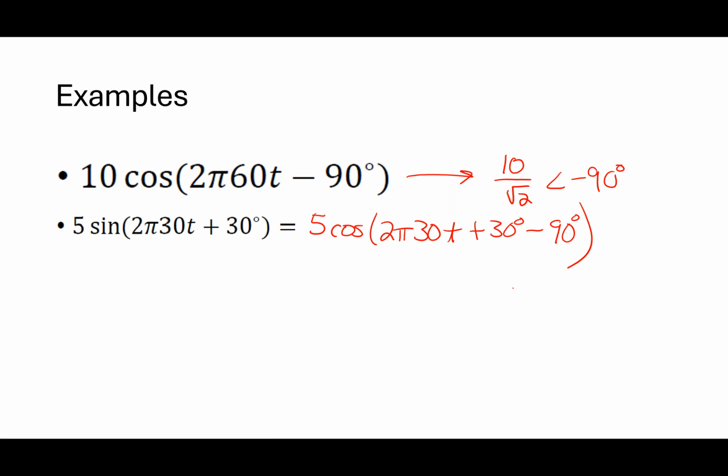So it does matter, yes. Now I could put plus 270 degrees, and that would be correct. Usually we do refer to things in the boundaries between 180 and minus 180.